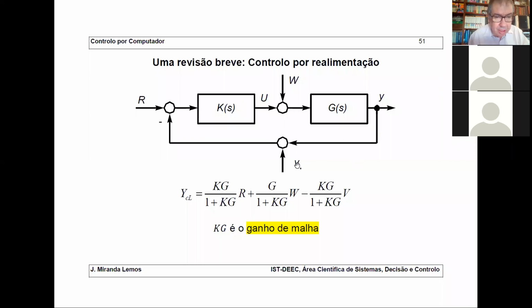Finally, for V, now we have a minus here that you can move to this point, and so that's why it appears here, this minus. And V affects Y because it passes by K and G, divided by 1 plus the loop gain. Okay?